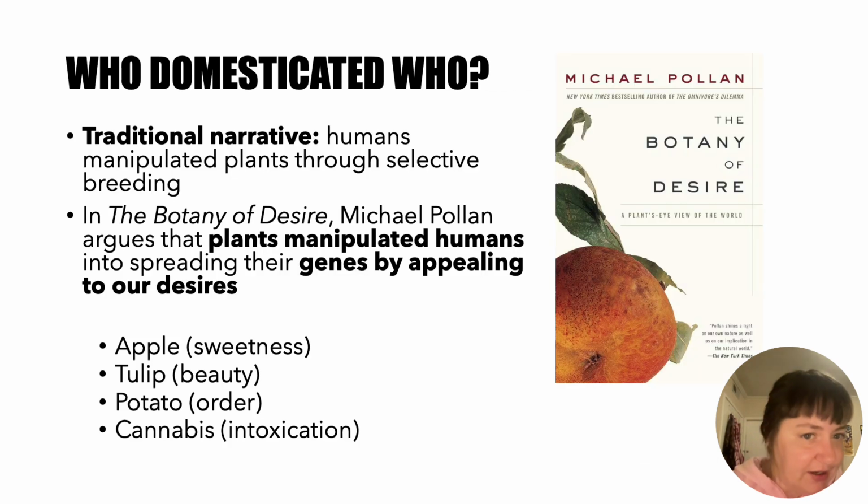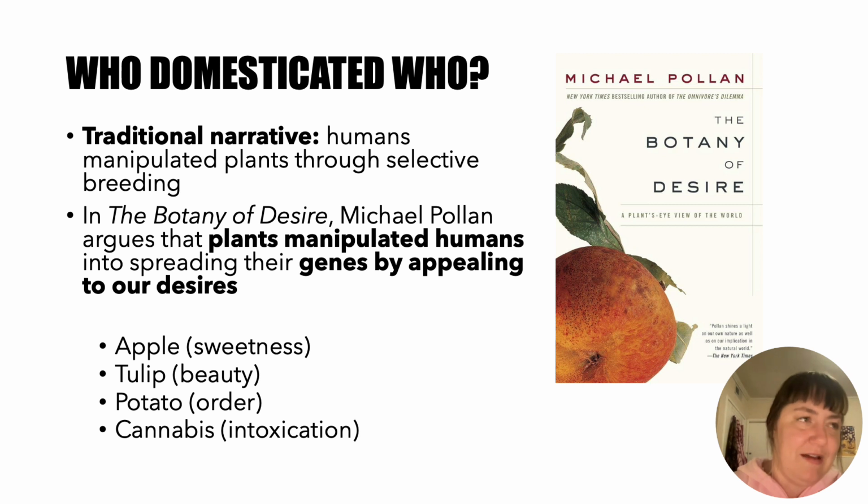I have to bring this up. The traditional narrative of plant breeding and domestication is that humans over time manipulated the plants through selective breeding practices. But there's a really great book by this Berkeley professor, Michael Pollan, The Botany of Desire, and he argues that actually it was the plants that were manipulating the humans into spreading their genes by appealing to our desires. Anyway, it's a great read.